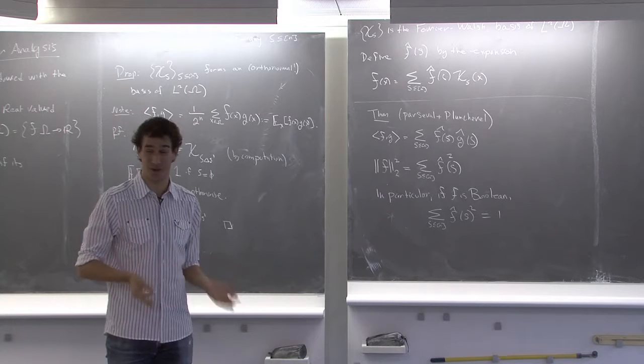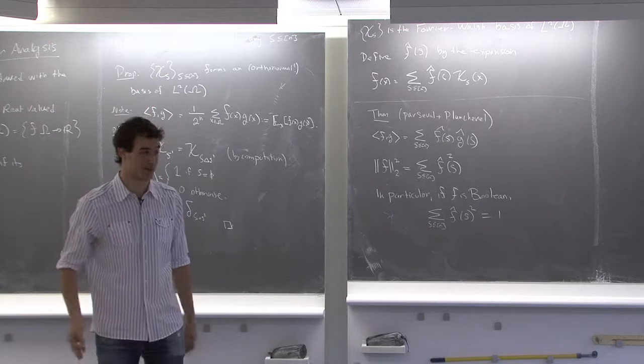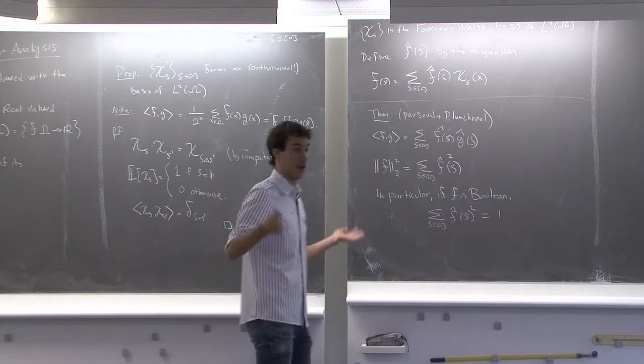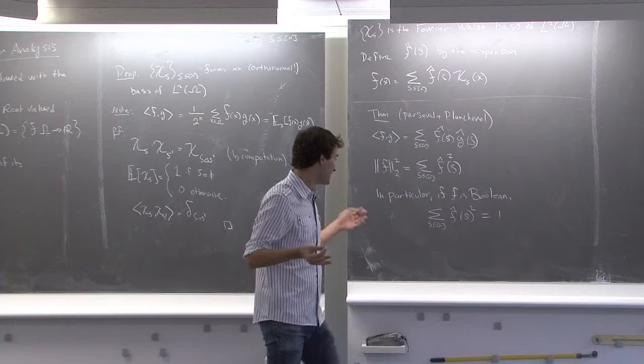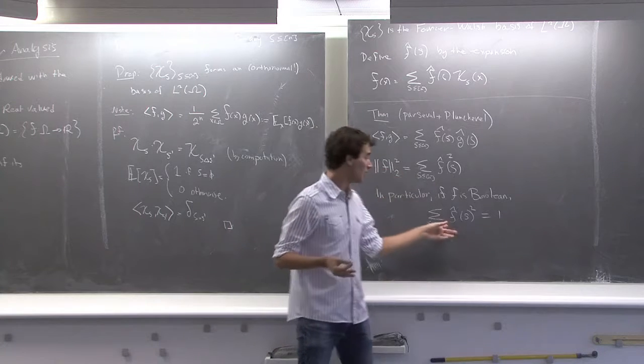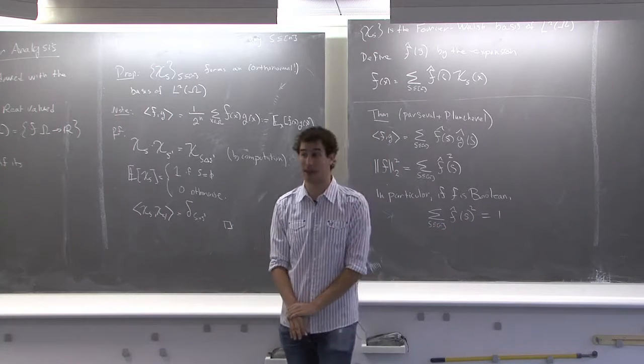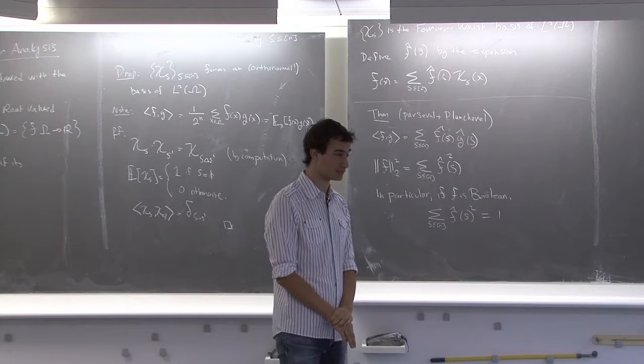You take the absolute value, you're going to get 1. You take whatever power and whatever square, it's always just going to be 1. So as long as f is Boolean, this identity holds, and many other identities are going to hold, in fact.